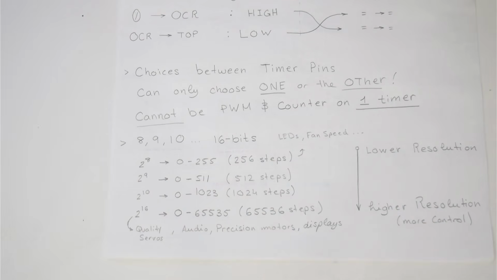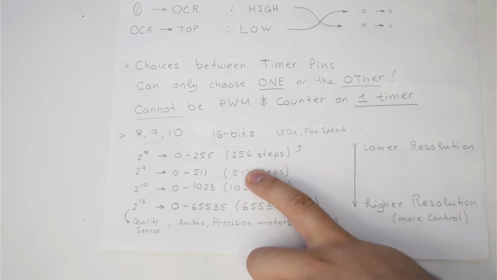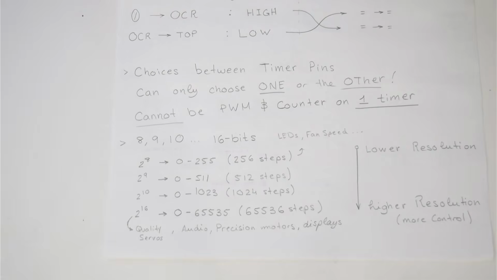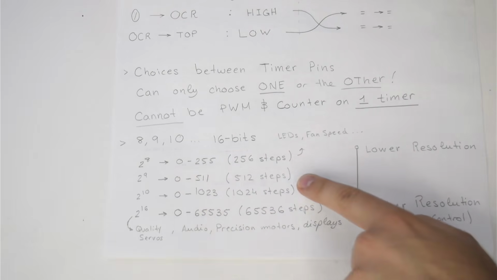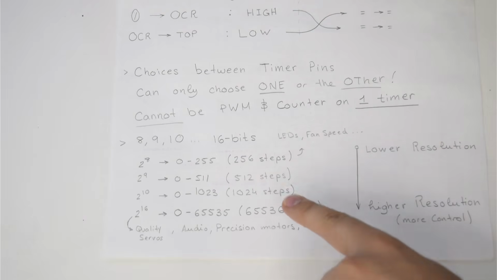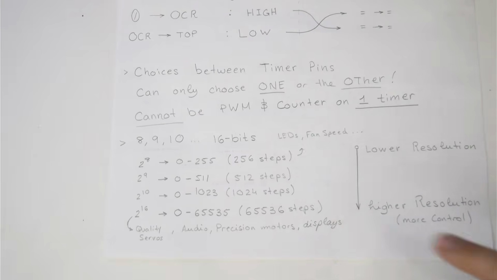So it'll be from 0 to 255, which means that we have 256 steps. As we increase the bits, the number of steps also increases, and that means we have a higher resolution as we increase the number of bits on that PWM. So when will we be using different bits?